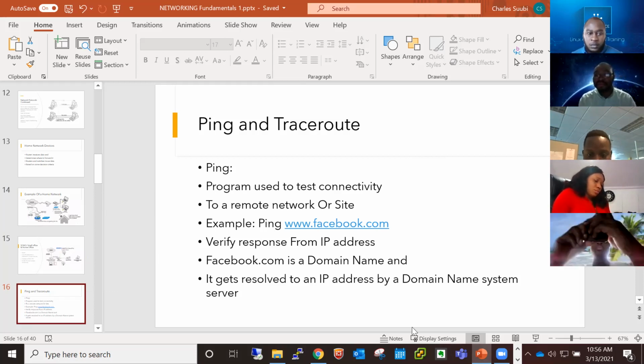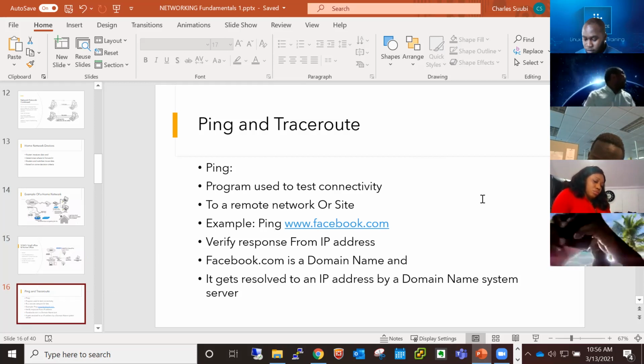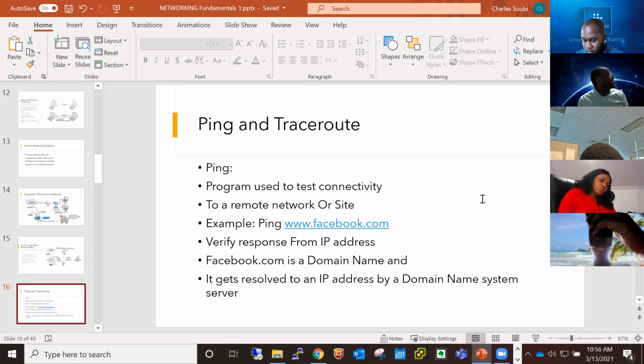I think when you ping, you're trying to find out the route that you would take to connect to the server you're trying to access. I remember in class, we tried to ping the Facebook server. So that's what pinging is, trying to find the route to connect to the server you're trying to access.